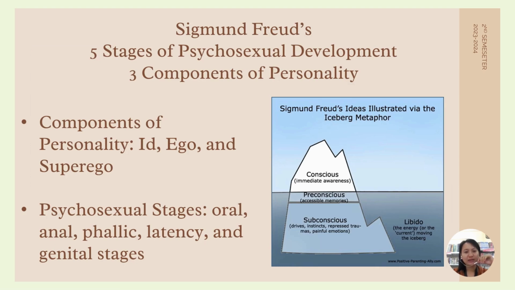So the first one, class, is Sigmund Freud's five stages of psychosexual development and its three components of personality. According to Freud, if we can still remember, the mind is like an iceberg. It floats with 1/7 of its bulk above water.